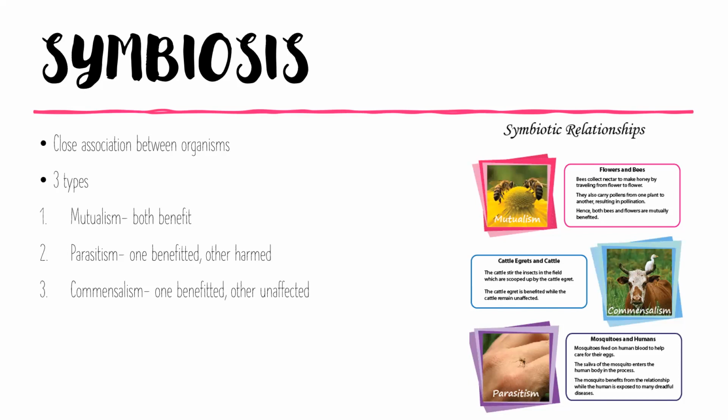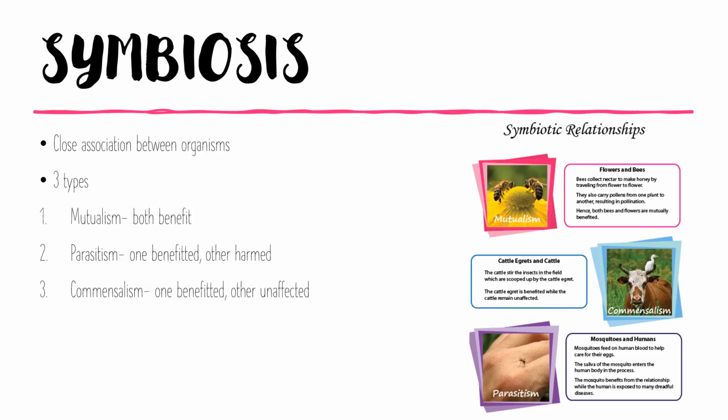When we're talking about symbiosis, the first type that comes is mutualism. Mutualism is a type of symbiosis in which both the organisms benefit from each other. We can talk about the relationship between a flower and a bee. When bees collect nectar from a flower, they also carry pollen from one flower to another.